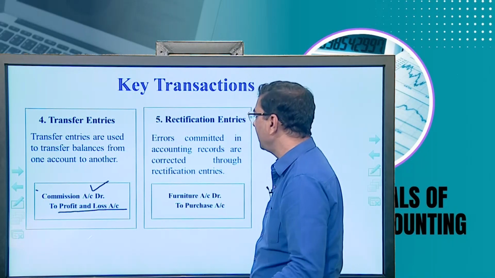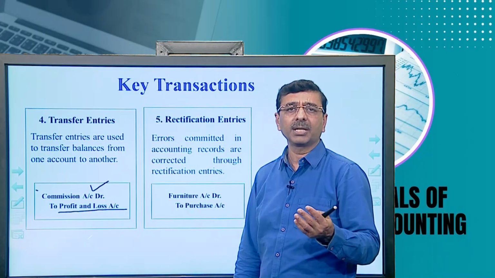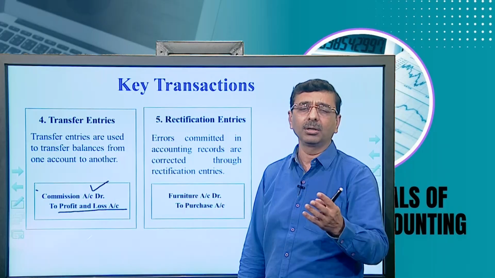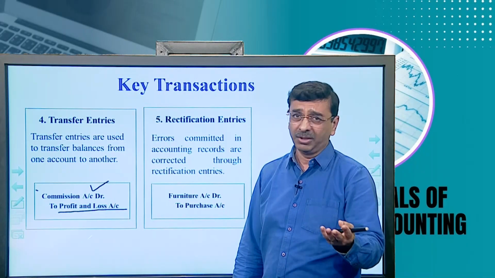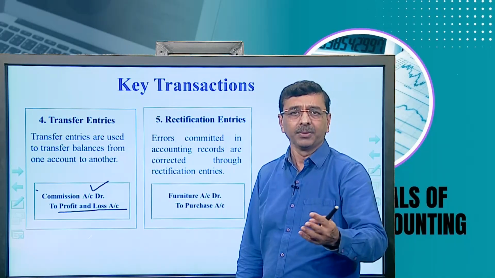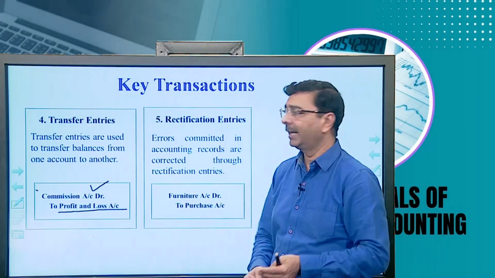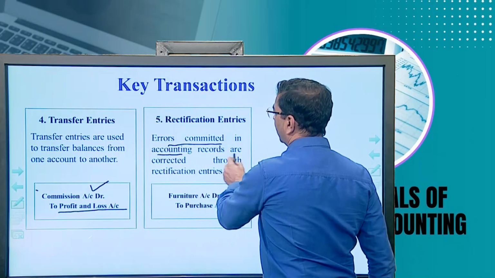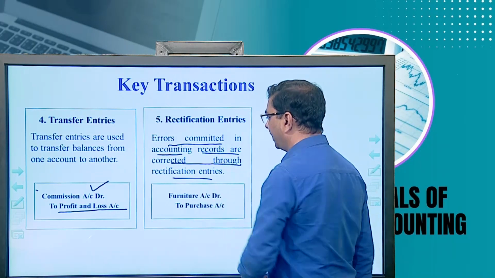Rectification entries. Certain transactions may be recorded in the books of accounts by mistake, as a reverse entry, or wrongly recorded with the amount, or with the wrong debit or credit. So that has to be rectified. Errors committed in accounting records are corrected through rectification entries.